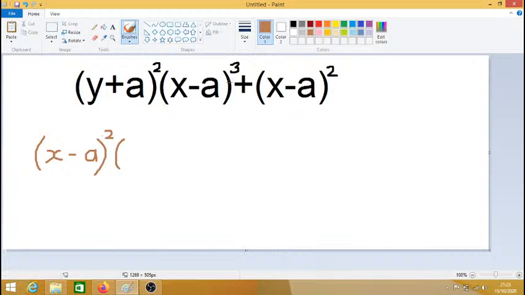Well, I'm going to need another x minus a, and I'm going to need a (y + a) squared. So let's go with (y + a) squared, and I need an (x − a) bracket.